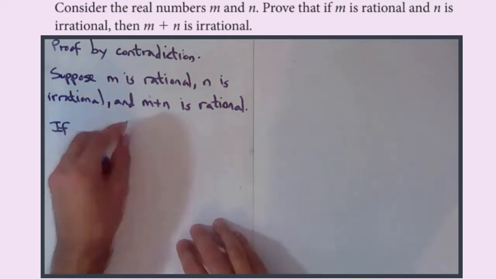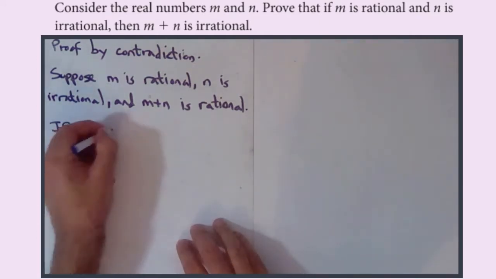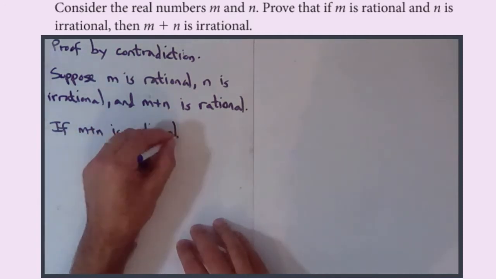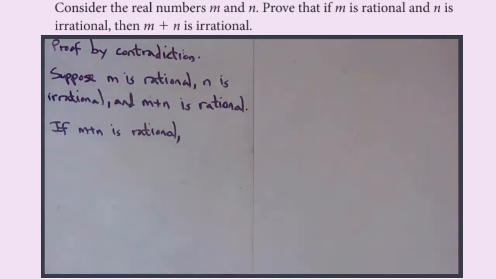If m plus n is rational, think what a rational number means. All it means is it can be expressed as a ratio of two integers where the bottom one is not 0.